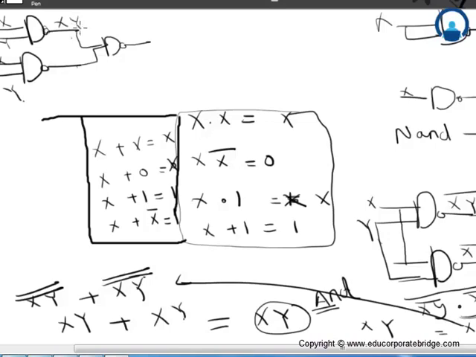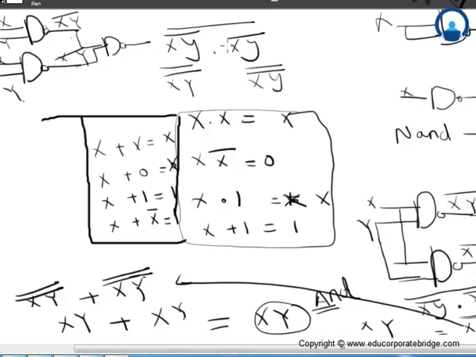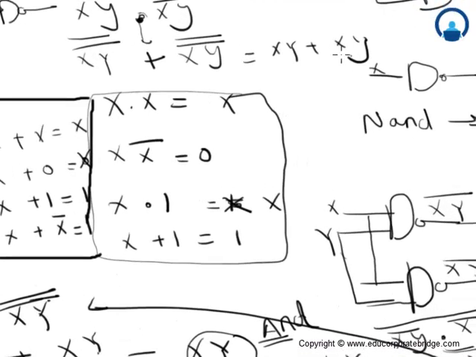The output here will be xy bar, the output here will be xy bar, and the total output will be xy bar into xy bar, the whole bar. By De Morgan's law, this breaks, that is xy double bar, this will be xy double bar, and this multiplication is replaced by addition, that is xy plus xy.